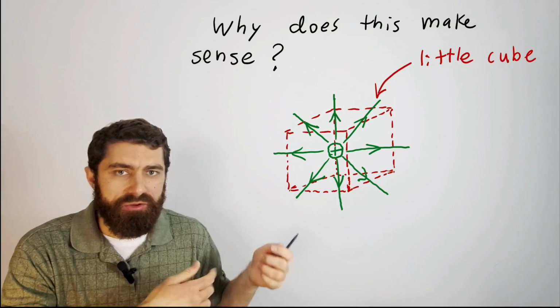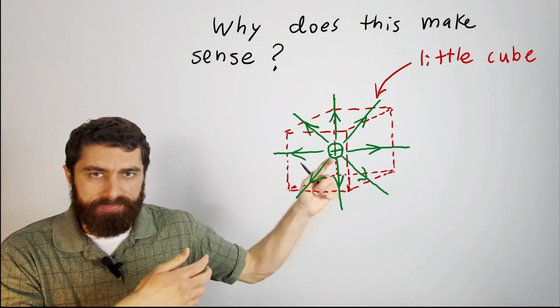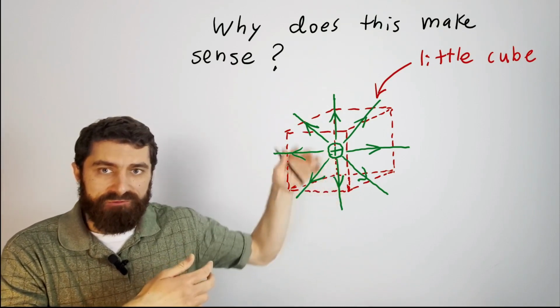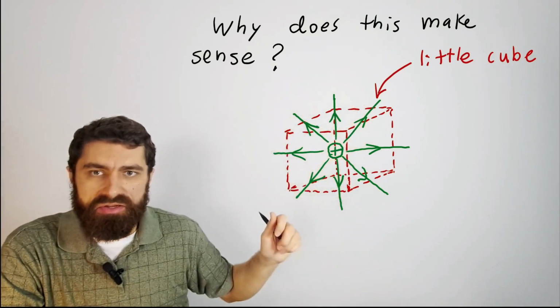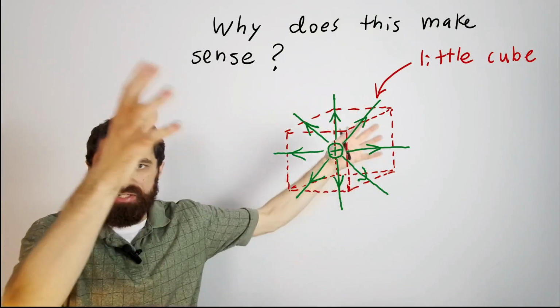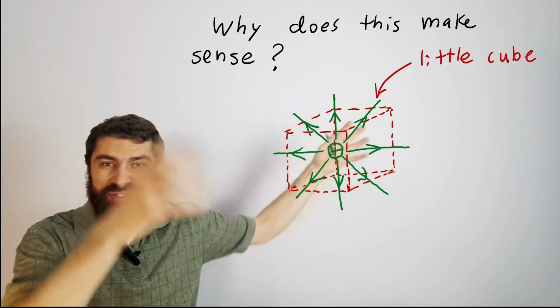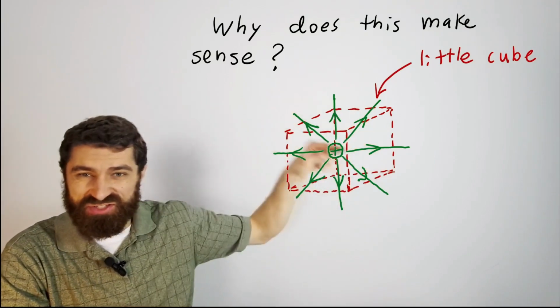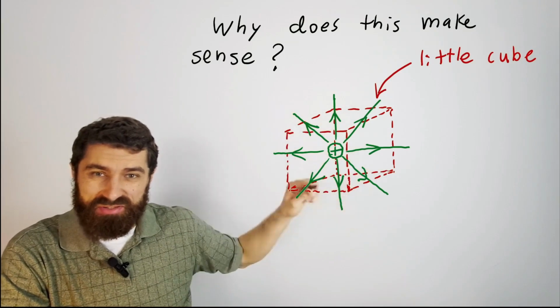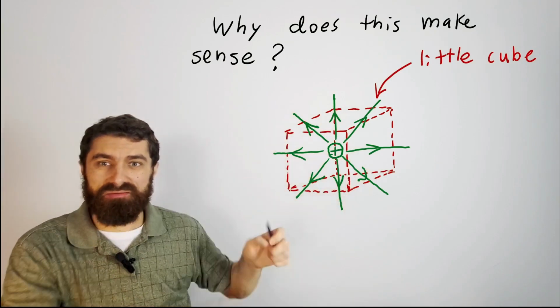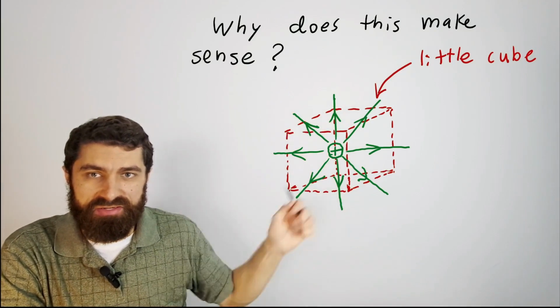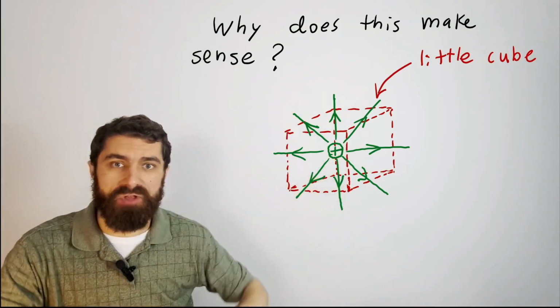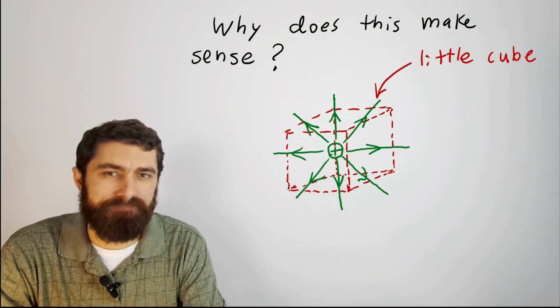You can see now that the divergence of this little cube, or the flux going out of it, is going to have a net positive divergence, or net flux flowing out, because you can see the flux is piercing out everywhere. So there's going to be a net outward flux in this case.